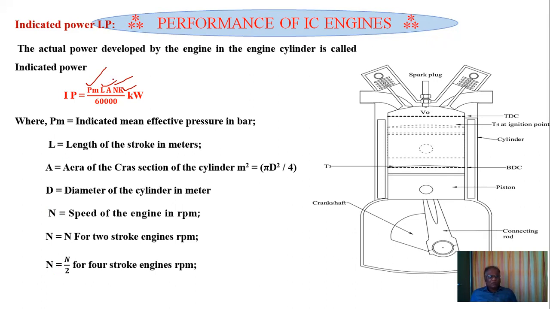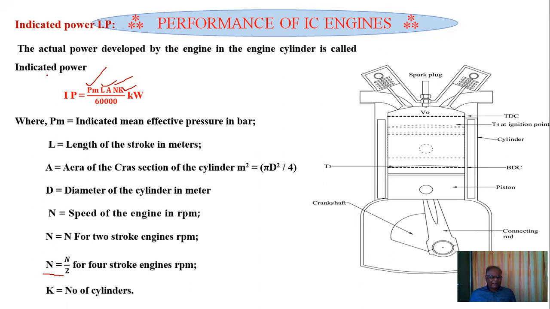So while calculating the indicated power, if it is a four-stroke cycle engine, then half of the engine speed should be taken. I repeatedly tell you, while calculating the indicated power only.